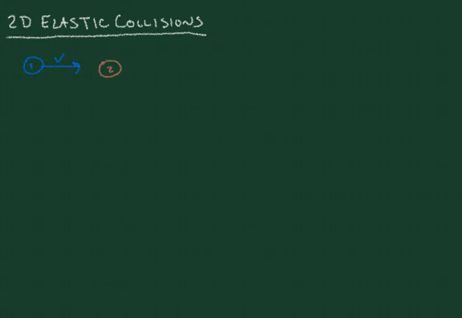So in other words, after the collision, mass 1 goes off with some speed v1, mass 2 goes off with some speed v2, where mass 1 makes some angle theta and mass 2 makes some angle phi.